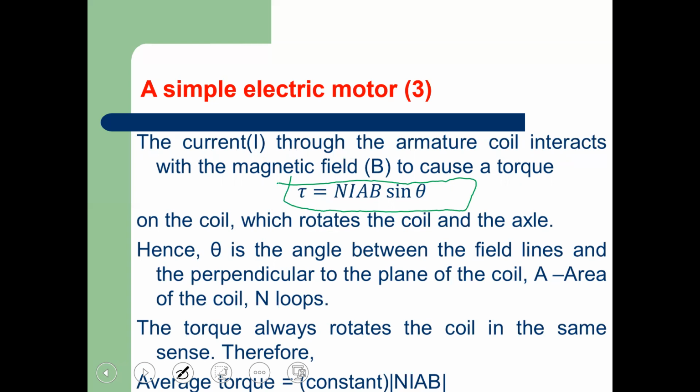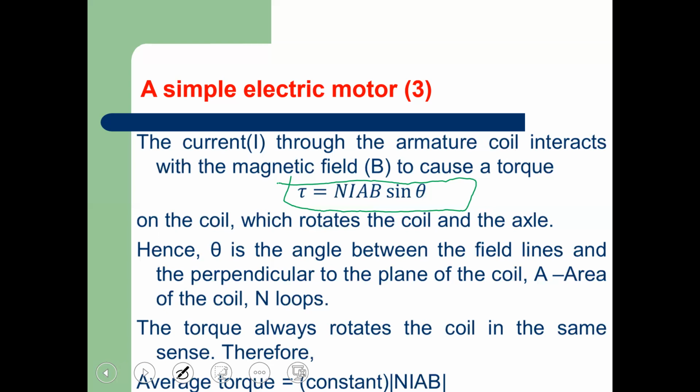The number of turns, the current flow, the area of the coil, magnetic field strength, and the angle between the coil and the magnetic field. When theta is 90 degrees, we have the maximum torque. And when theta is 0, that means they are parallel and the torque will be 0 because sine 0 degrees is 0.